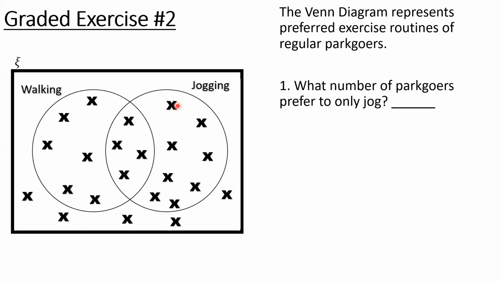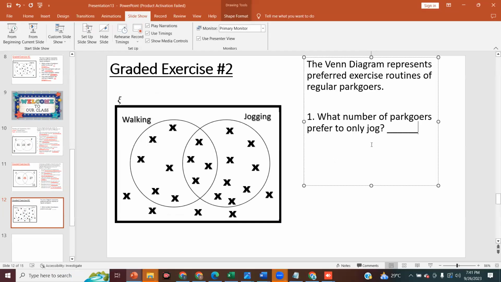So X only stands for one individual. So if we count, it's going to be 1, 2, 3, 4, 5, 6, 7, and 8. So the answer here is clearly 8, right? So 8 park goers.